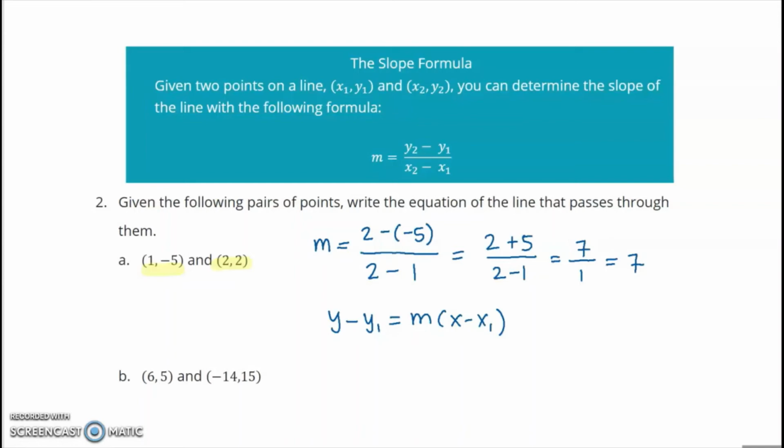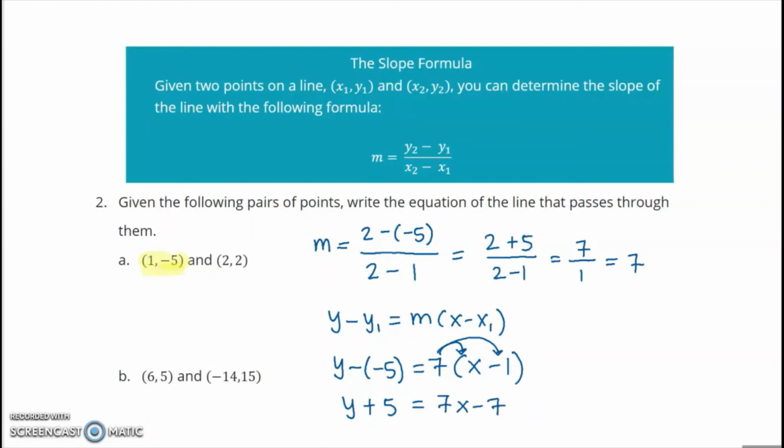So for simplicity, I'll actually pick this negative 1, negative 5 as my point. So I have y minus the y coordinate, negative 5, is equal to m, which is 7, times x minus 1. And then I'll simplify this. I have y plus 5 is equal to, and then I will distribute that to each term here, 7x minus 7.